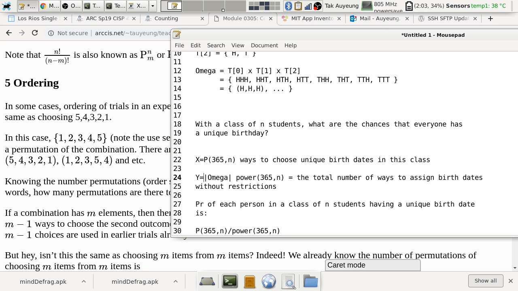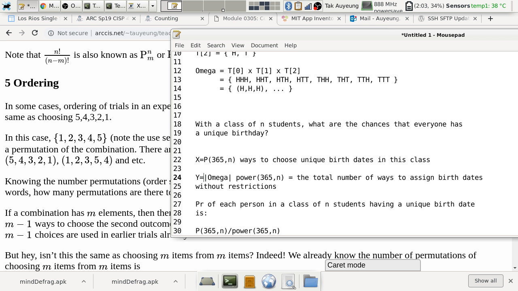So the probability of getting something that I'm interested in is going to be x divided by y. Is that okay? Yes, because in reality, people can have the same birthday, but I'm interested in what are the chances that no one shares the same birthday?